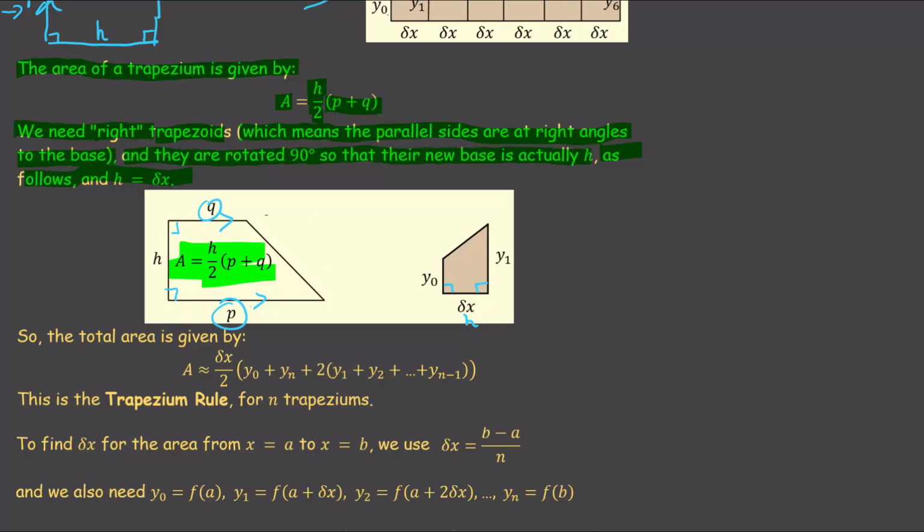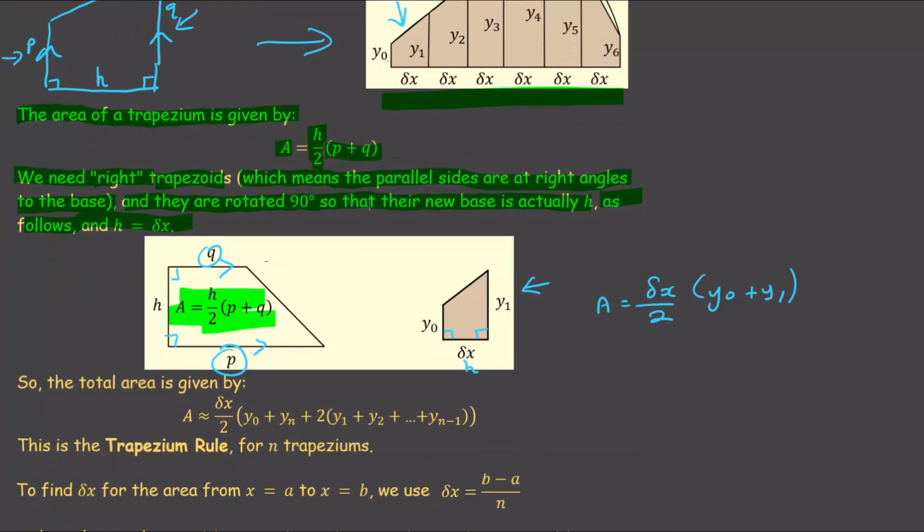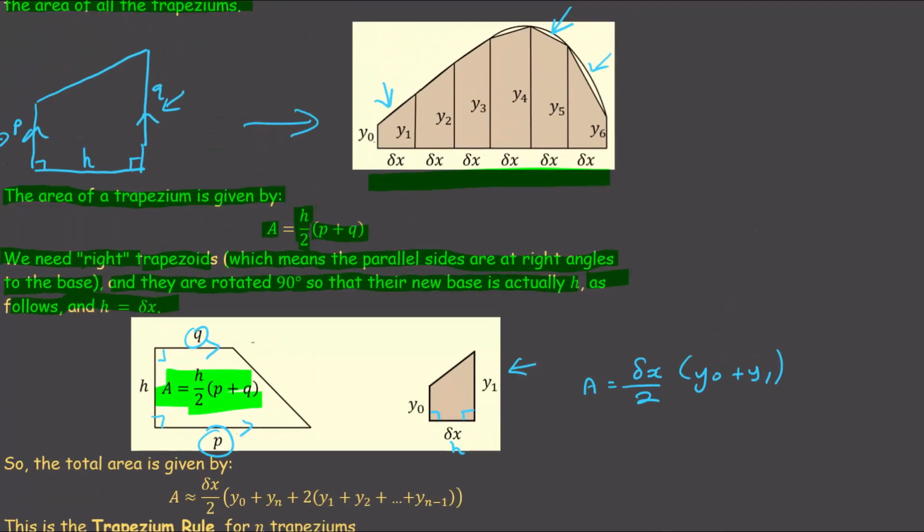And so if we apply it to this one here, the area for that trapezium would be delta x divided by 2, y0 plus y1. So if we now look back at this diagram up here, what would we get?